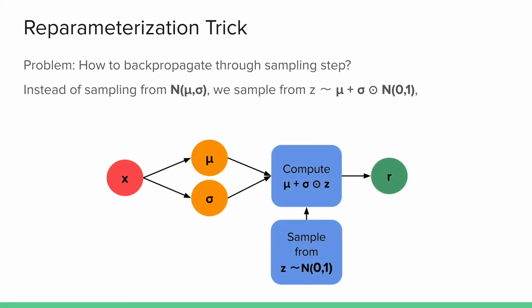So we kind of split it up, and that Z that we're sampling from is not to be trained because it's just sampling from a standard normal distribution. It doesn't need any parameters, so we can actually ignore that part during backpropagation, and we can only then use that sampled value to compute the value in our neural network.